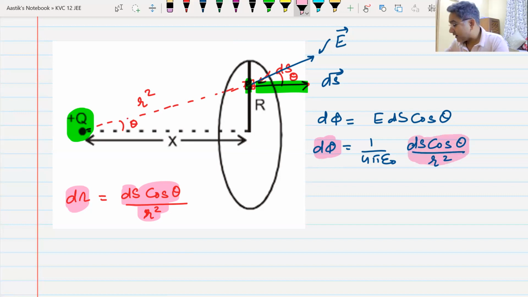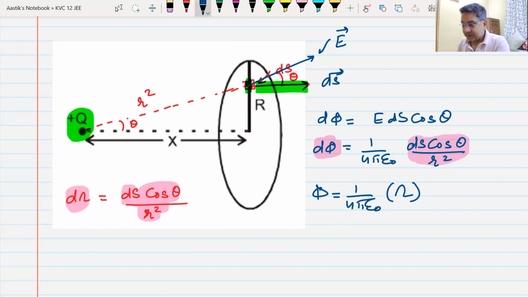So the flux passing through this disk will simply be 1 by 4 pi epsilon naught multiplied by the solid angle omega, because if I integrate this, I will get the solid angle subtended by the disk.